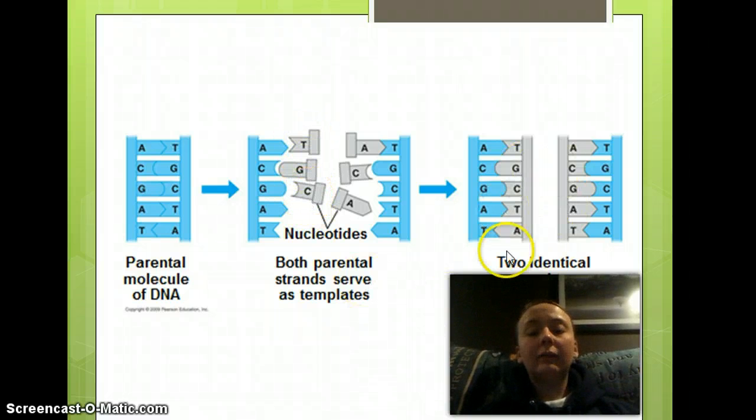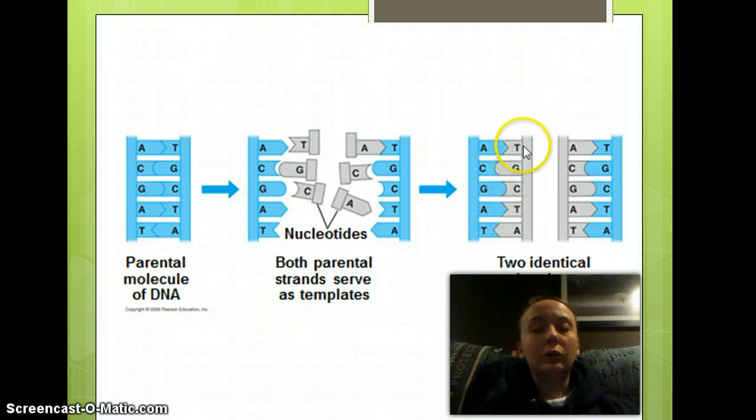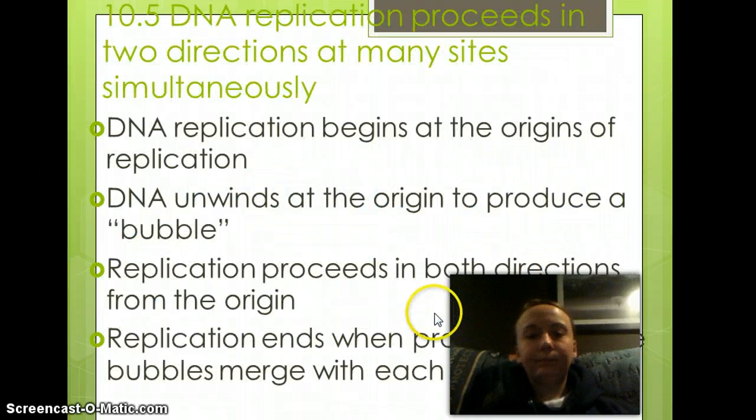And when we have the end result, we have two identical DNA. Remember how all the DNA in our cells is identical. We have one strand that's completely new, that gray strand there, and then that blue strand that is old. So here's our parental part and our new part of DNA. And the end result is two DNA that are completely identical.